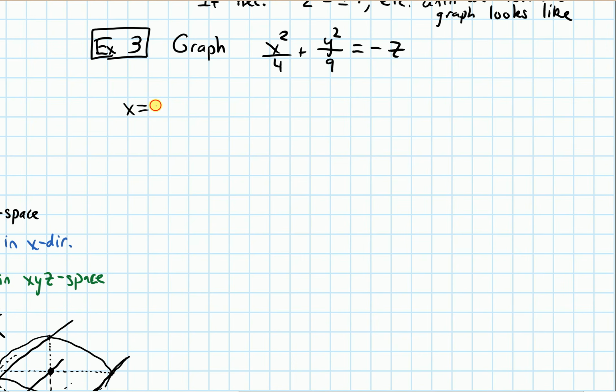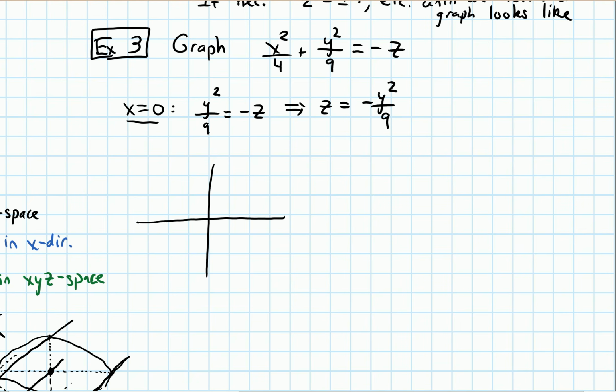So let's look at x equals 0 first. Let's set x equals 0. And if we do that, we get y squared over 9 equals negative z. And I could isolate the z by moving the negative over and get z equals negative y squared over 9. So I'm going to first draw that in the yz plane.